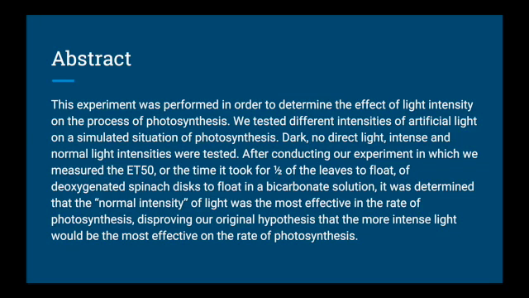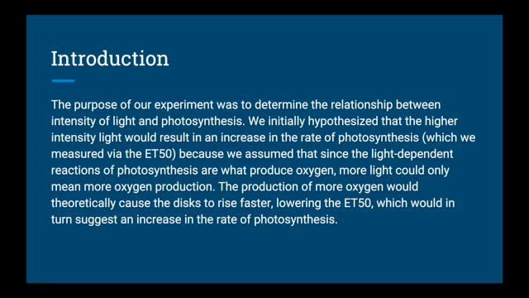After conducting our experiment, in which we measured the ET50, or the time it took half of the leaves to float, of deoxygenated spinach discs to float in a bicarbonate solution, it was determined that the normal intensity of light was the most effective in the rate of photosynthesis, disproving our original hypothesis that the more intense light would be the most effective on the rate of photosynthesis.